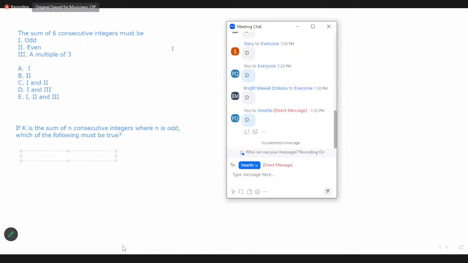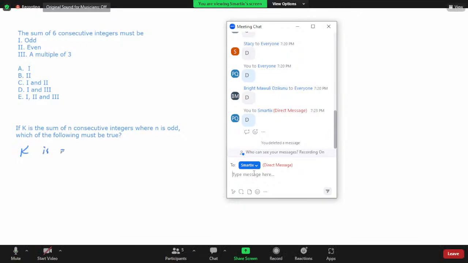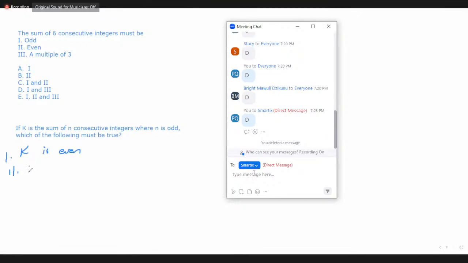So your options: I, K is even; II, K is odd; III, K over N is an integer. I'm sure I've given you enough time to think through it. I've already given you the answer to the question in my previous dialogue, so if you get it wrong, I'll kill you. Send the answer to chat.